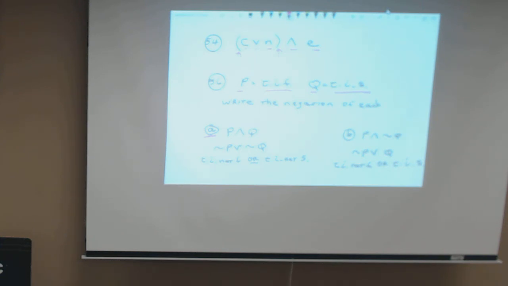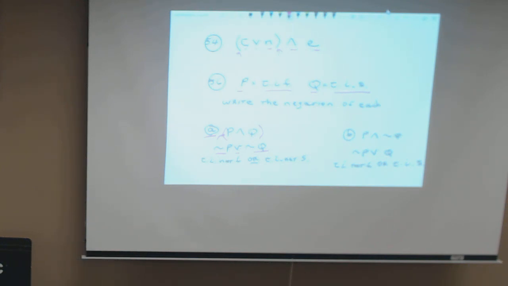And what do they want you to do? Write the negation of it. So how do I negate that? Not P or not Q. And in words that would be today is not Friday or tomorrow is not Saturday. You go, well, that's just not true. I know, because today is Friday and tomorrow is Saturday is a true statement. So that means when I negate it, it's going to be a false statement.